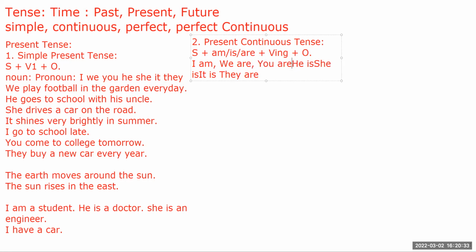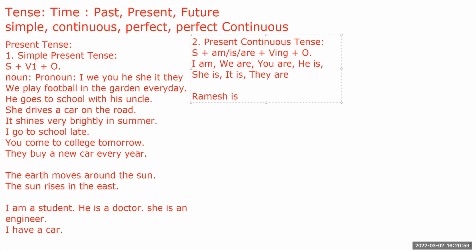Then next, we will talk about some examples here. So now we want to make a sentence of this. In that case, suppose that I'm going to take the subject Ramesh. I will take one name now. So what will it be, Ramesh is or Ramesh am or Ramesh are?